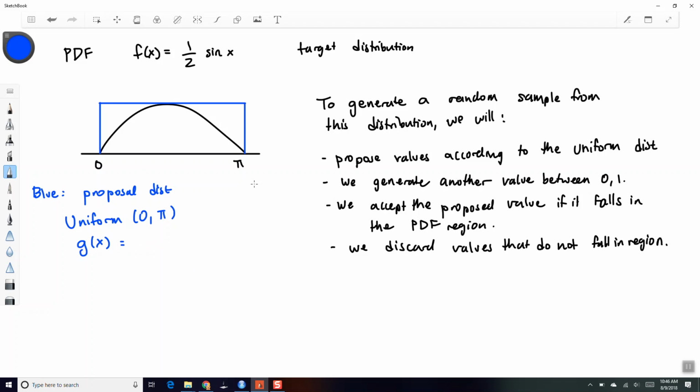So how tall does it have to be? It's going to be 1 over pi, because the length is pi, so its height has to be 1 over pi, and therefore the total area, pi times 1 over pi, equals 1. So g of x is 1 over pi for x between 0 and pi.